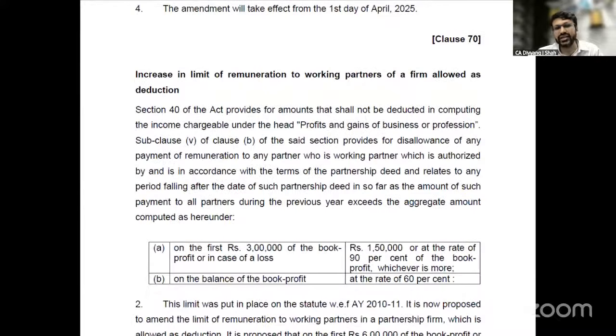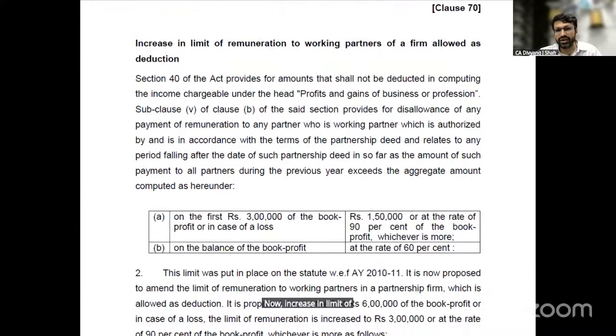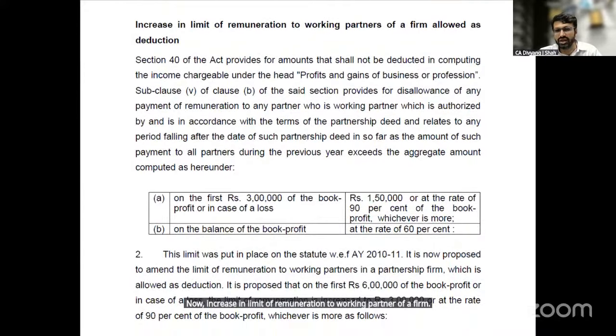Now, increase in limit of remuneration to a working partner of a firm. Earlier, the limit was: up to 3 lakh of the book profit or loss, it is 1.5 lakh or 90% of the book profit, whichever is more. And for the balance book profit, 60%.